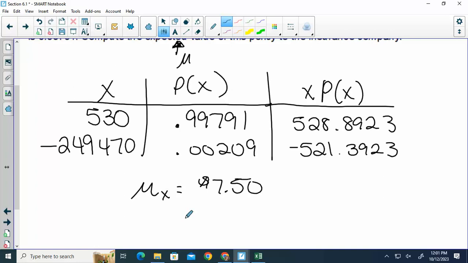No, that's only going to work if they are insuring a large number of people. But remember, the mean, the expected value, is assuming for large values of n. So if they insured 100,000 people, they would expect to profit $7.50 for all 100,000 of those people. Does that make sense?